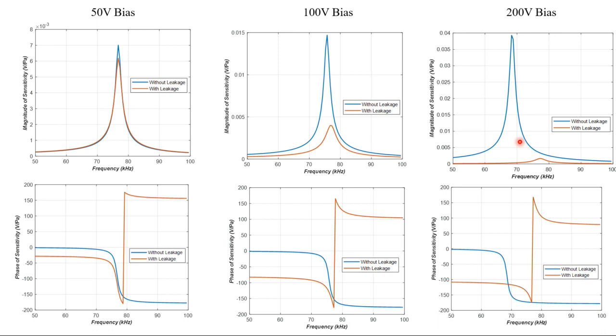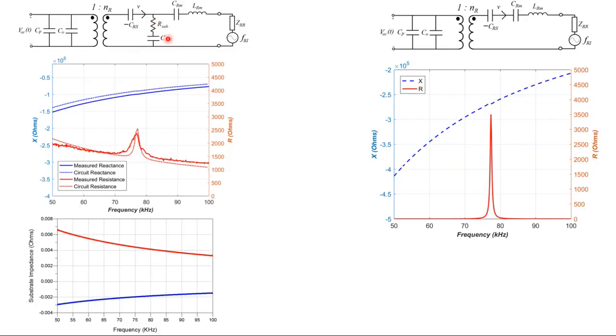That's interesting. So substrate loss, number one, it kills the spring softening. Okay, this C sub is like a notorious capacitance, and it's not going to let CRS take its effect from the bias. So it's going to kill the spring softening. The other thing is that this loss is going to affect the sensitivity of the CMUT cells, even if you have a very large coupling coefficient.